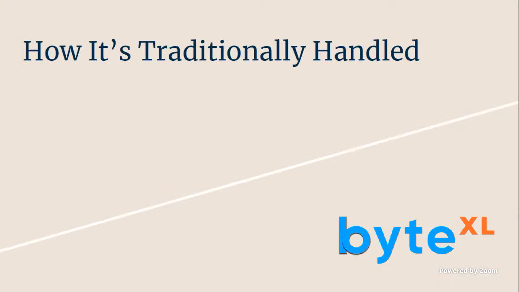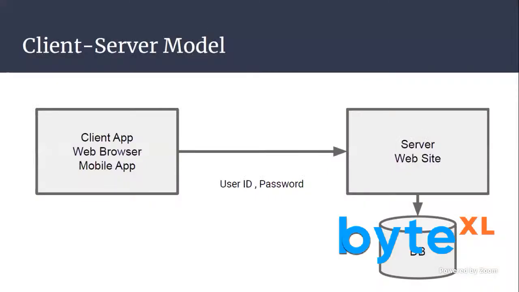For example, to access your Gmail, you use your email address and password. In that traditional way, the user signs up, and once after the sign-up, the username and the password are maintained in a database.